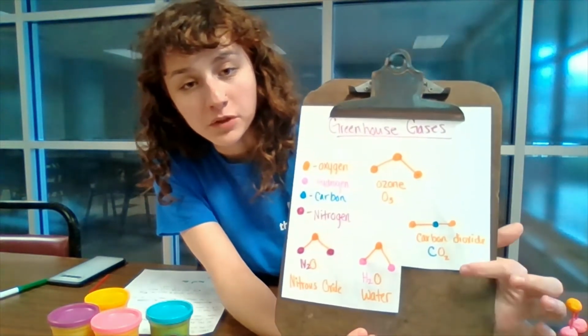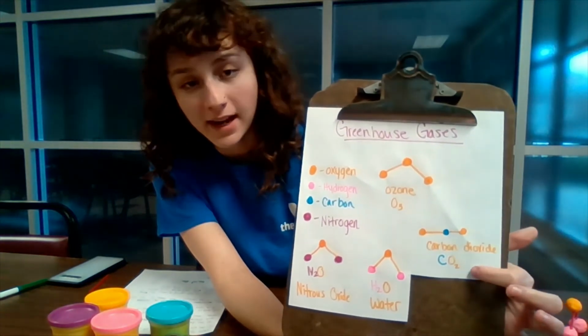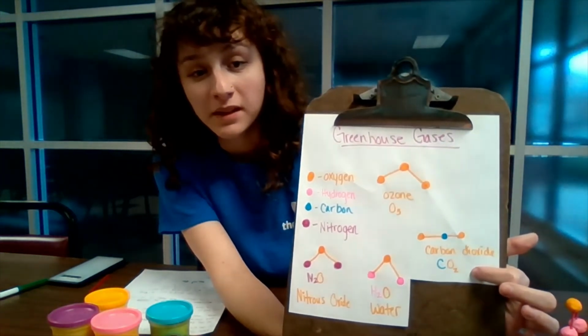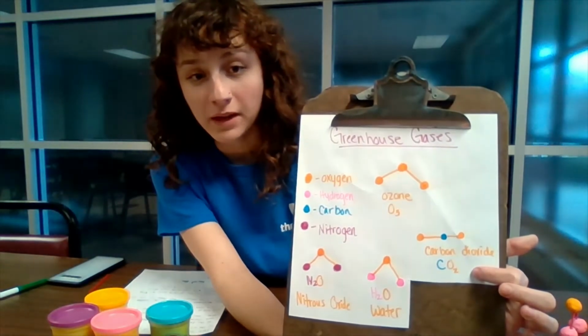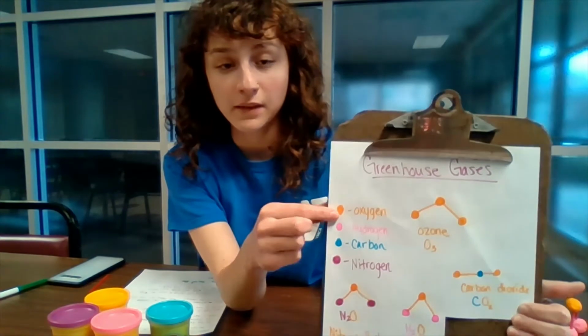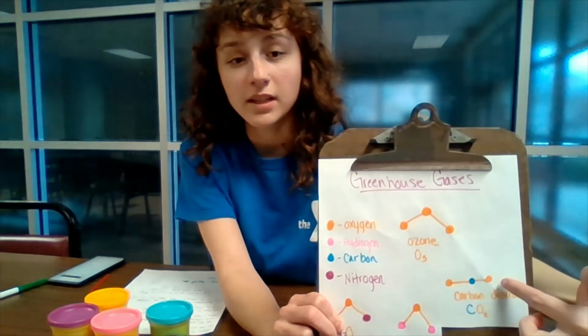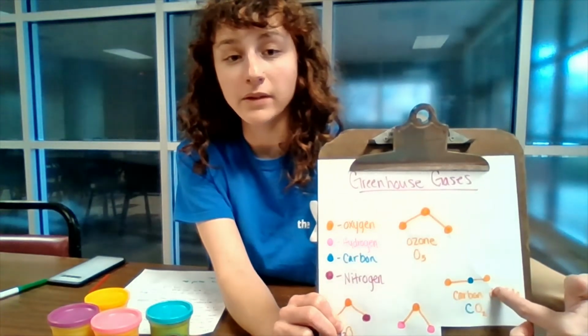Now, we'll jump down here to this one. This one is called carbon dioxide. In this one, there are 2 different elements. So we have our oxygen element, and there's 2 oxygen atoms in this molecule.